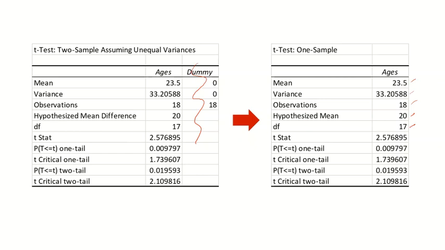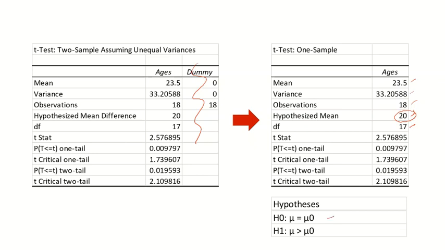So take note, our hypothesized mean is 20 because that's what we hypothesized the average age of the faculty members in Xavier University to be, for our null hypothesis. So these were our hypotheses.